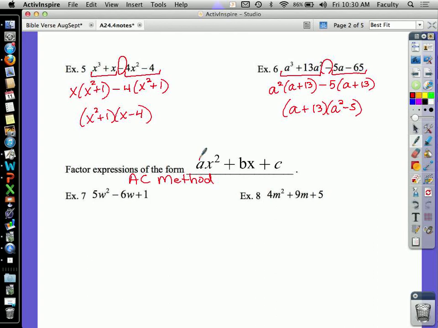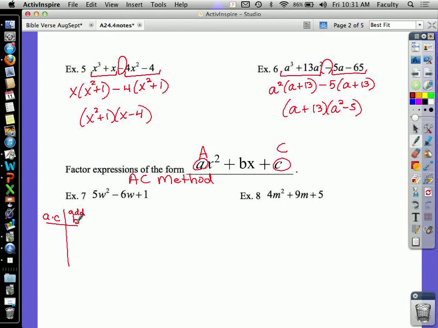The A is coming from ax squared, and the C is coming from this C. So you're going to multiply the A times the C, and you want it to add up to the B value, okay?